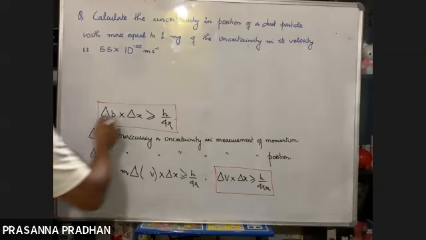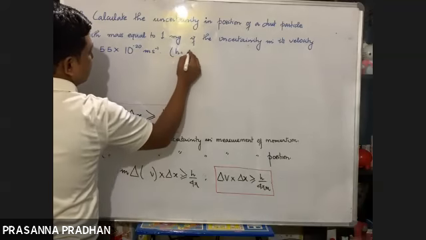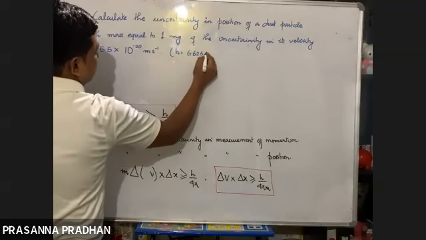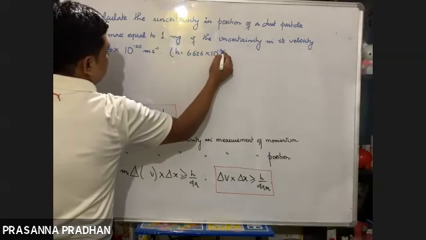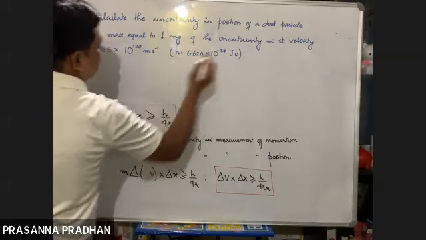And again, the value of h is given as 6.626 into 10 power minus 34 joule second, not per second, joule second.